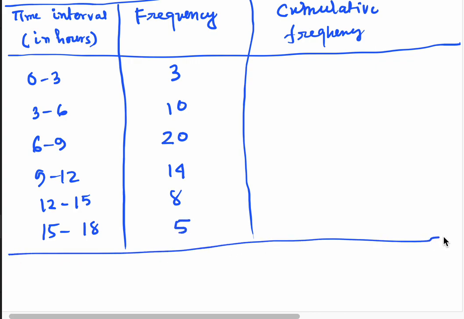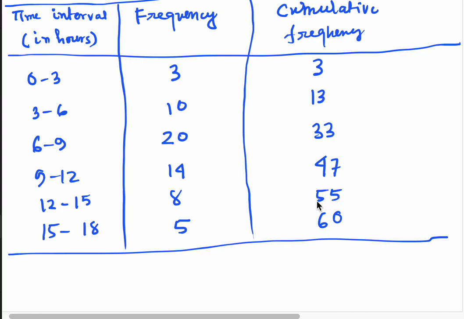So the cumulative frequency will be 3, 13, 33, 47, 55, and 47 plus 8, this is 60.